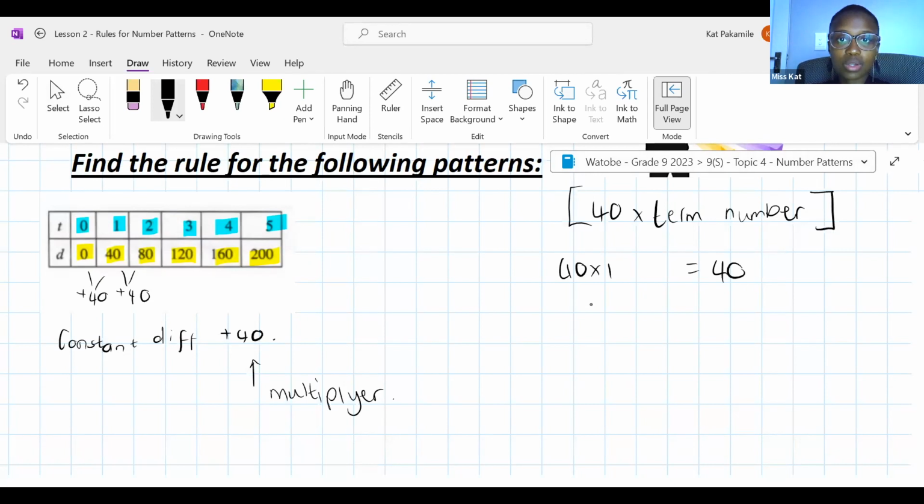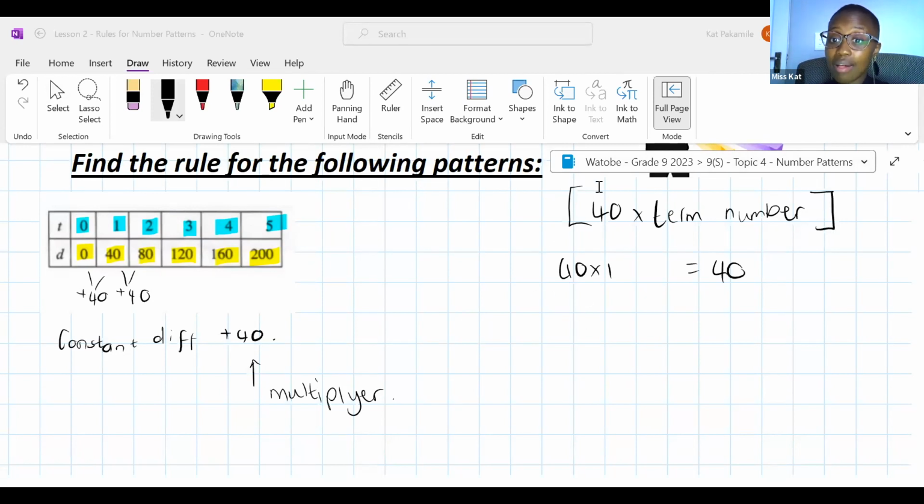Do we keep multiplying the same with the answers? Okay, Angeline, I'm not sure what you'll retype, my darling. Full fellow. Hello, ma'am. As you just said, you multiply the 40 with the term number. So in the test, when they ask you to find TN, how are we going to write it? Okay, Full fellow, the TN would be in number pattern notation, which is the next lesson.